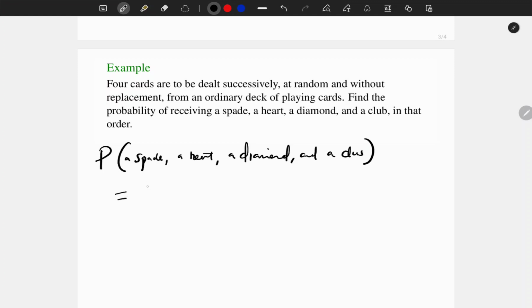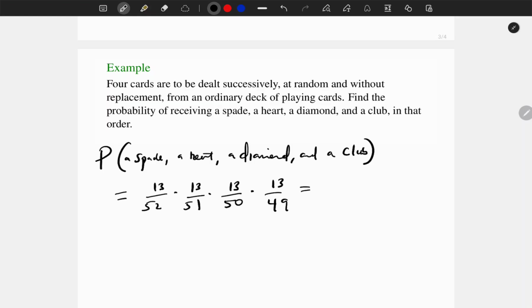If we pick a spade first, we have 13 spades out of 52. For the second one, a heart, we have 13 hearts, but we have 51 cards left. Diamond, we still have 13 diamonds intact, but we have 50 cards left. And for a club, we have 13 clubs left, but we have 49 cards left.